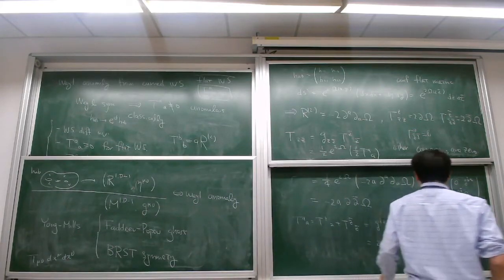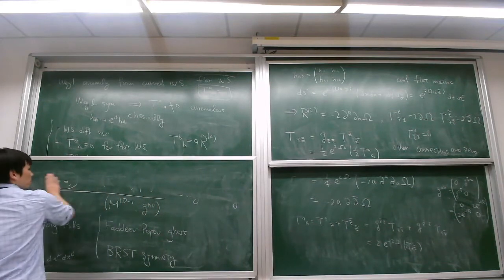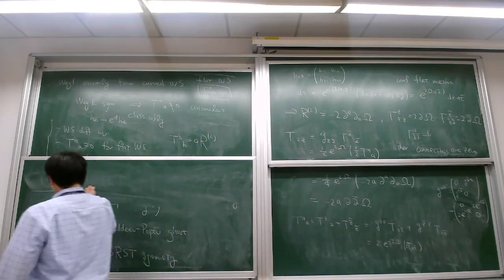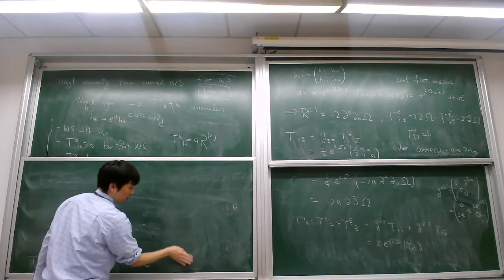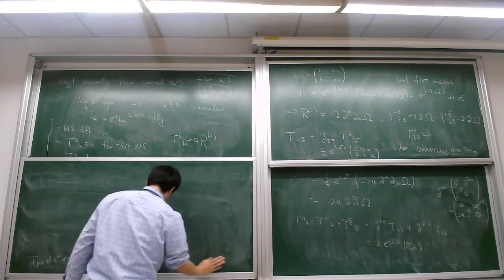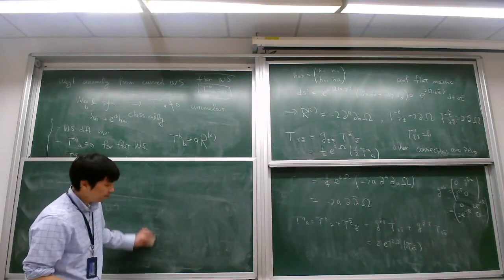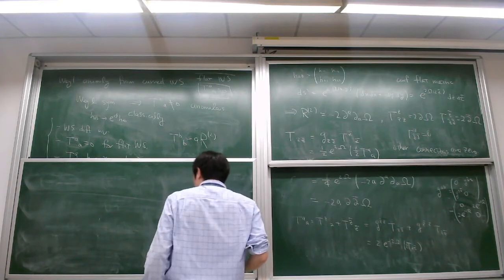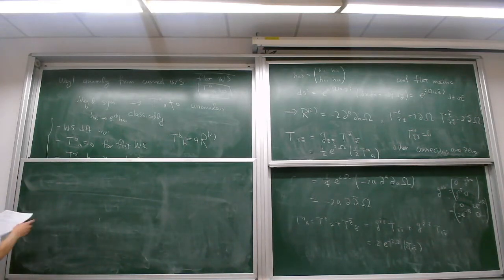So now we want to see. We obtained the T_ZZ-bar. How about the other components of the energy momentum tensor? The energy momentum tensor can be obtained just by the conservation rule.